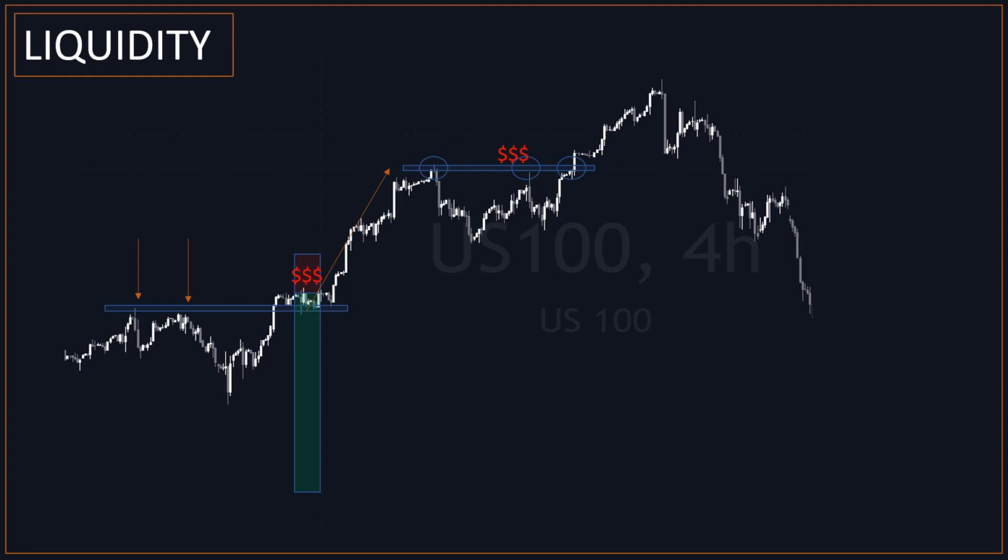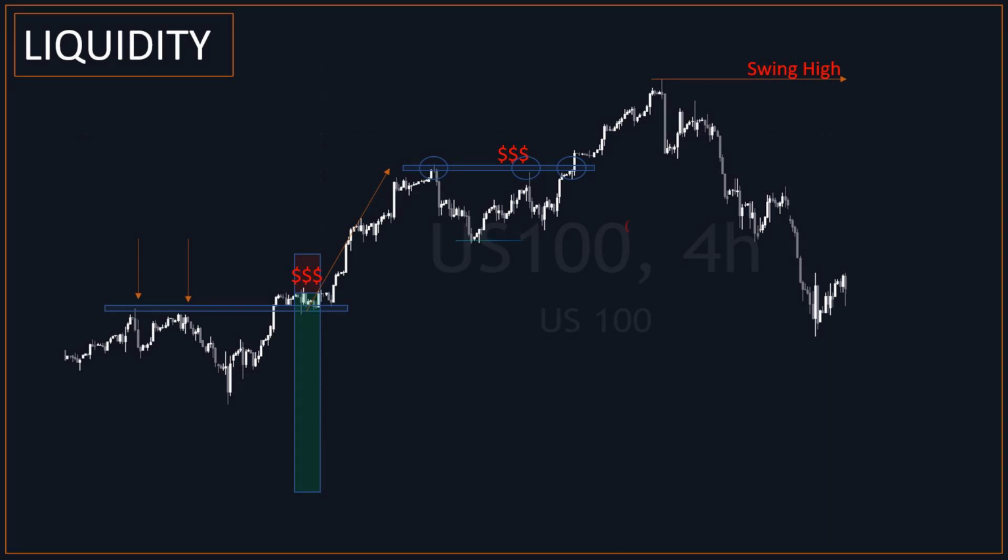Okay, and again guys, liquidity can be a swing high or swing low, right? So your swing high and swing low are also liquidity areas, you need to pay attention to those areas as well. So here we see a swing high here. We can also identify it as our liquidity. All right. So let's move on.